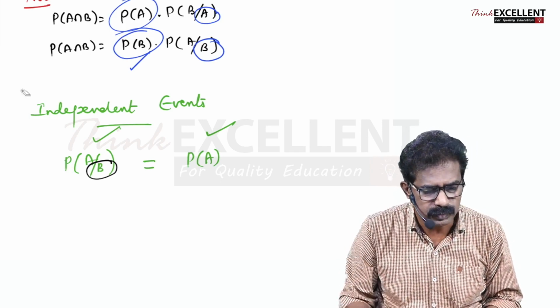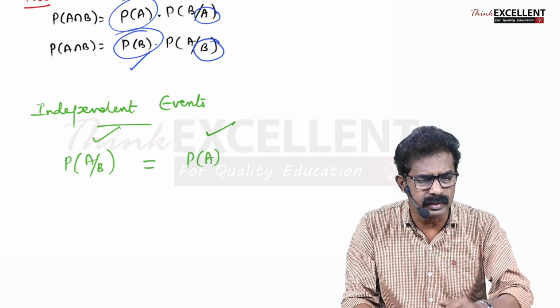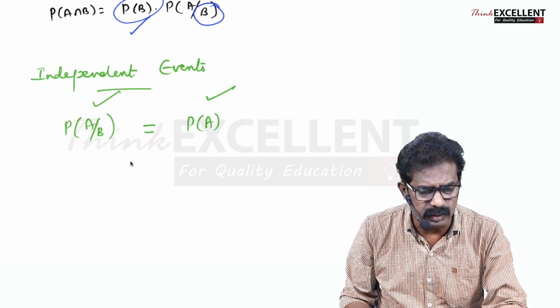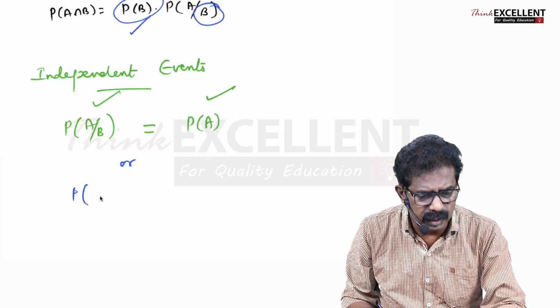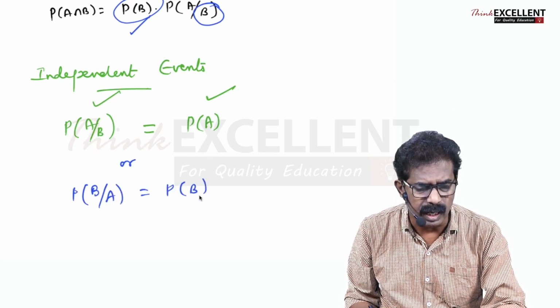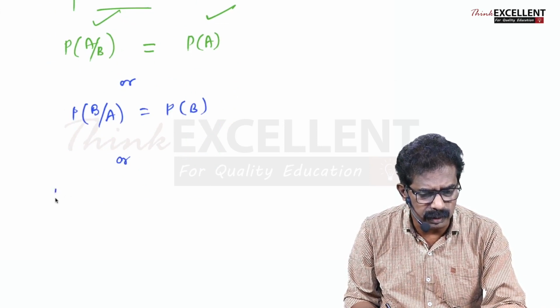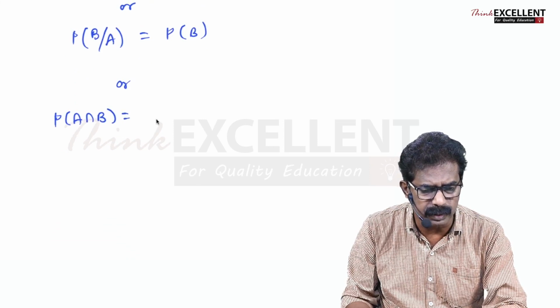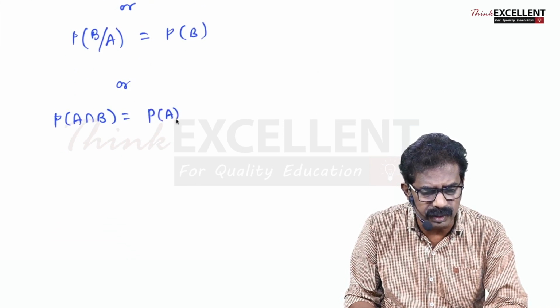So the condition for independent is P of A given B is equal to P of A, or P of B given A is same as P of B, or, the most important thing, P of A intersection B. When you find P of A intersection B, you have to get P of A into P of B. How are you getting this, you know?